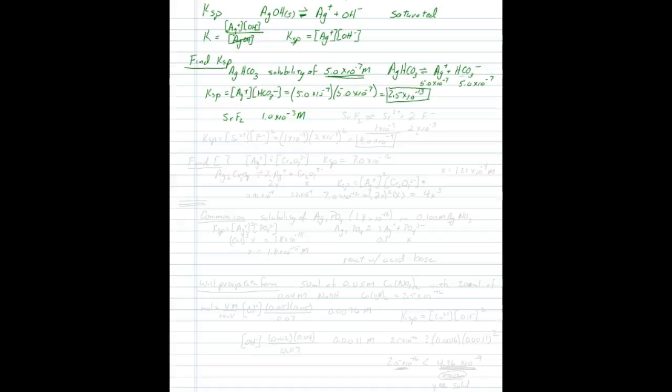Equilibrium expression: SrF2 in equilibrium with Sr2 plus and 2F minus. It's a 1-to-1-to-2 ratio, so this will be 1 times 10 to the negative 3, but this is going to be 2 times 10 to the negative 3.